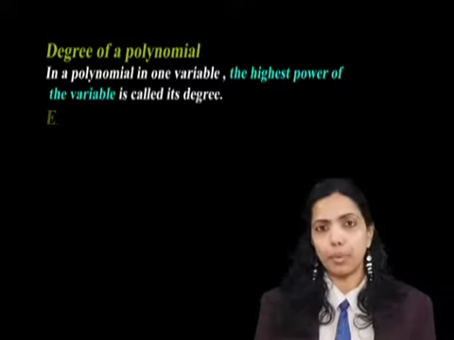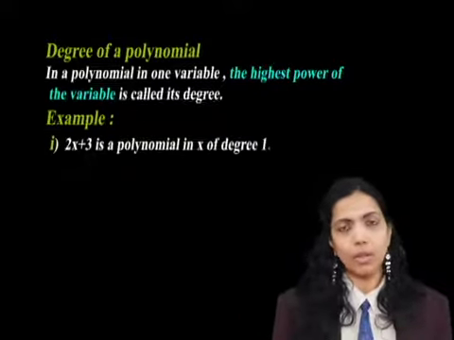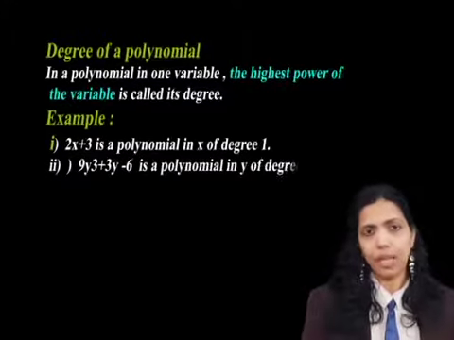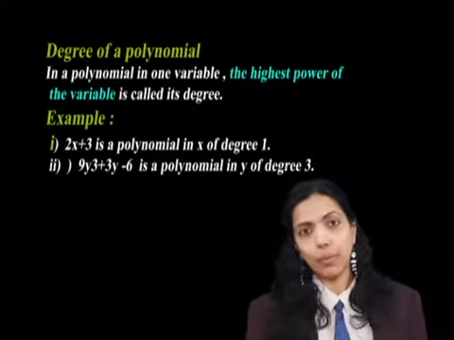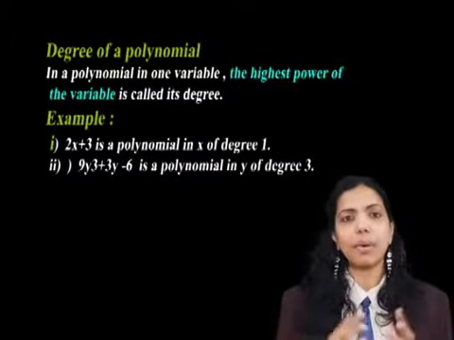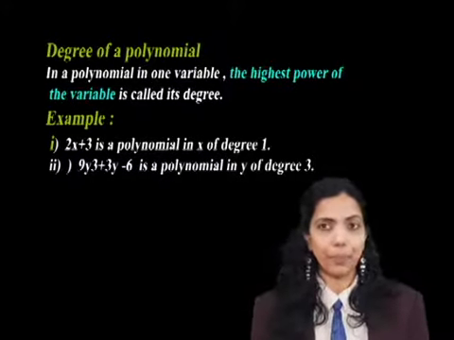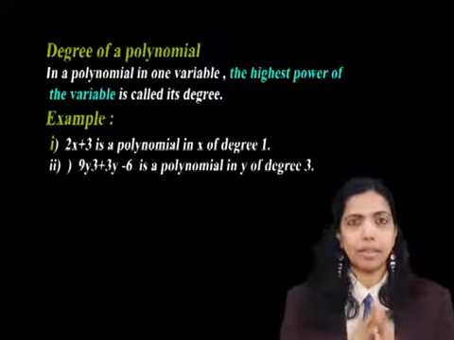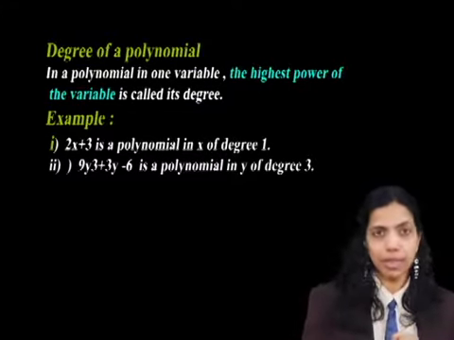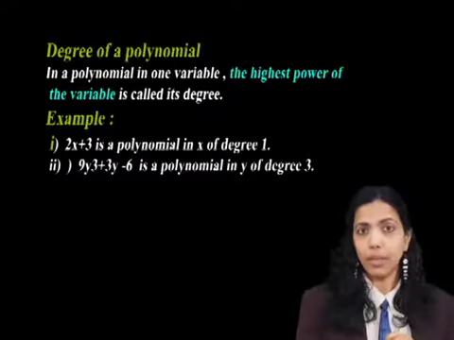Degree of a polynomial. That is also a new term. What is degree? In a polynomial in one variable, the highest power of the variable is called its degree. Example, 2x plus 3 is a polynomial in x of degree 1.